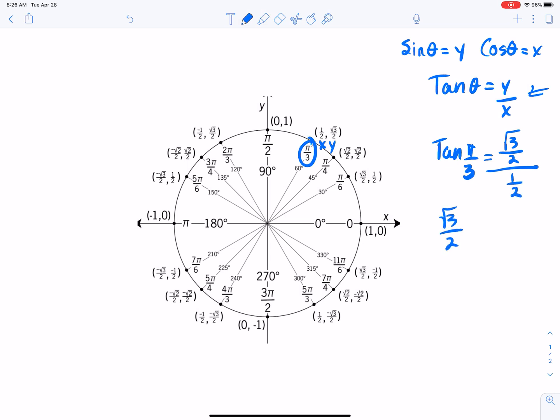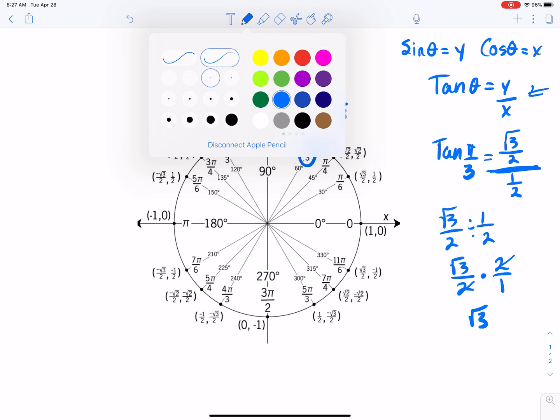We got root 3 over 2, which this line means divide, obviously, 1/2, which is root 3 over 2 times 2 over 1. And these reduce, so we know that tan of pi over 3, the ratio simplifies to root 3.